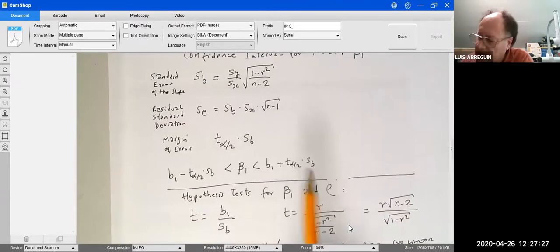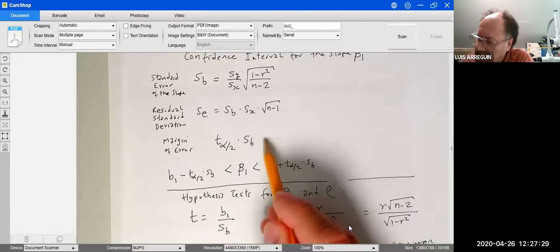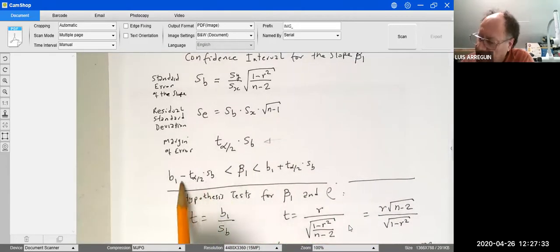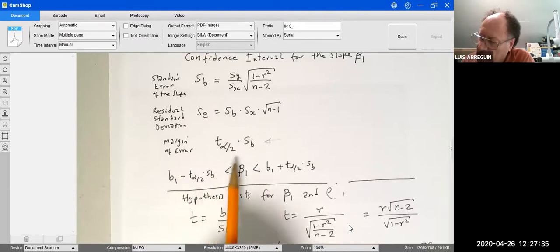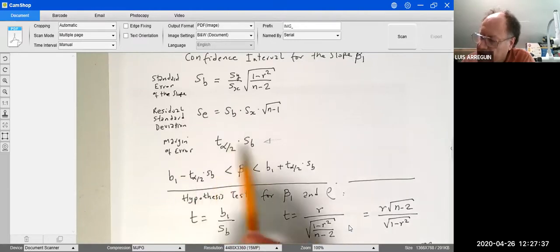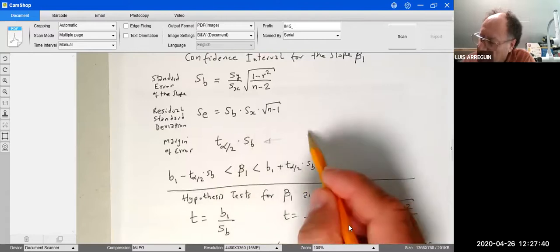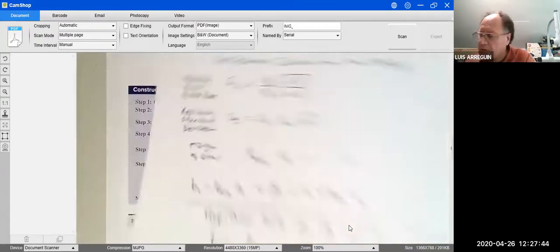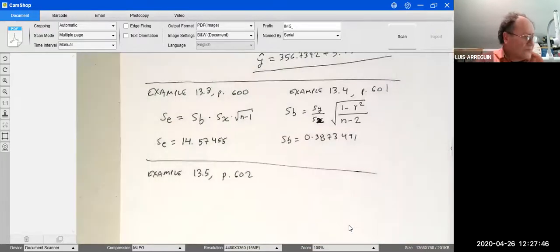So this is the step that we're going to work now. We need to find the margin of error for the confidence interval, and once you have that, the margin of error is just the product of these two quantities. So we need alpha to compute the margin of error. Let's work on that now.